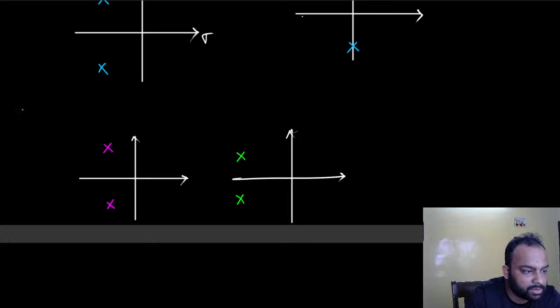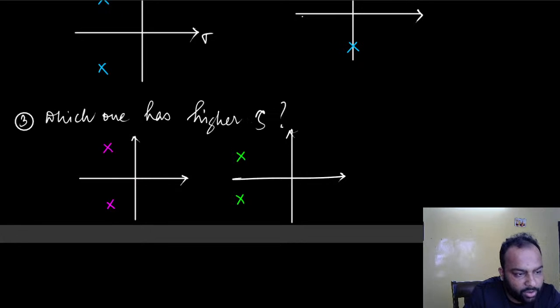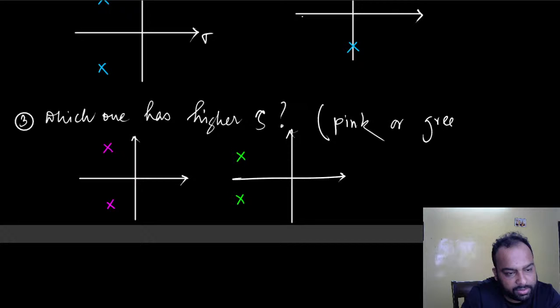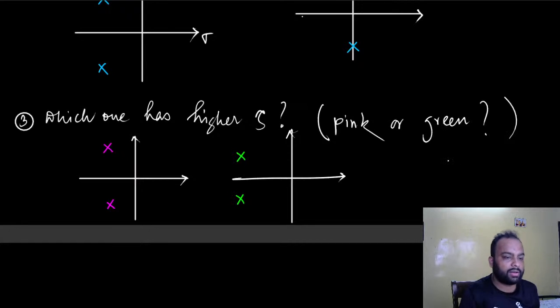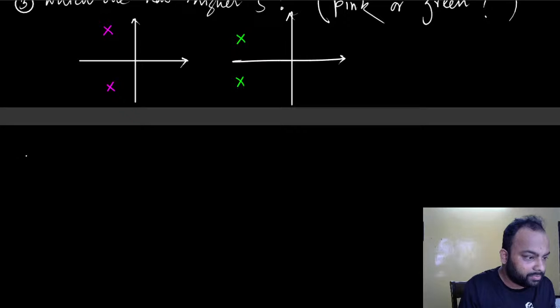The question is, which one has a higher value of zeta? Answer either pink or green. Question number 3. Please answer the questions. Question number 4.